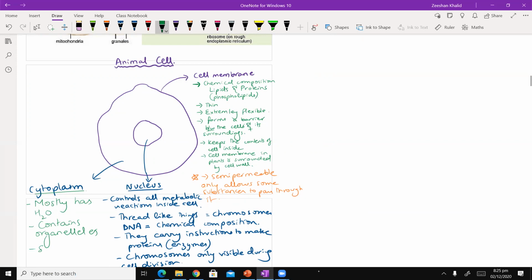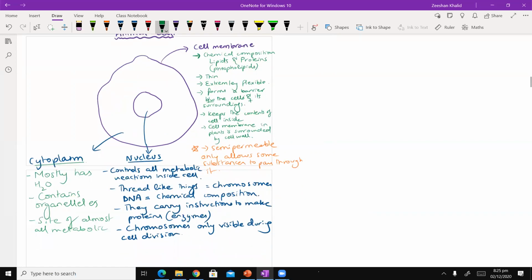And the cytoplasm is a site of almost all of the metabolic reactions. Okay, metabolic reactions, and it also contains enzymes. That is as far as what we need to know about the cytoplasm.